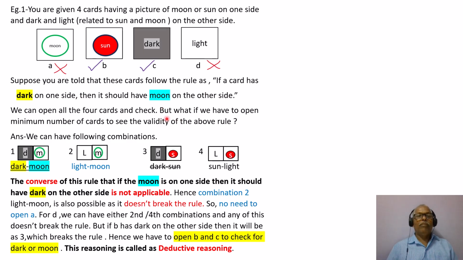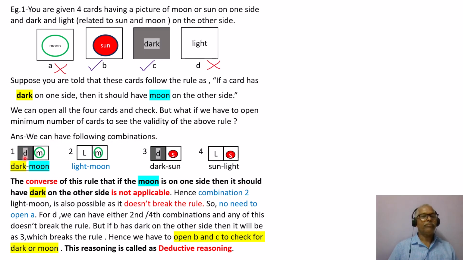But what if we have to open the minimum number of cards to see the validity of the above rule? For this, we will use certain logic, and this logic is called deductive reasoning. We will see this in the answer part. Answer: we can have the following combinations.